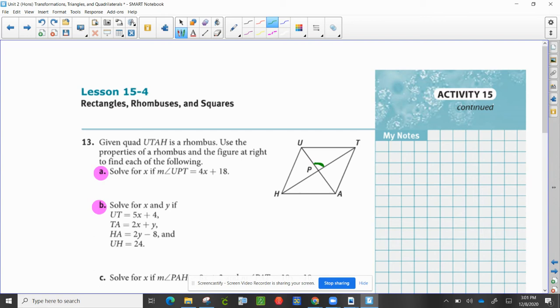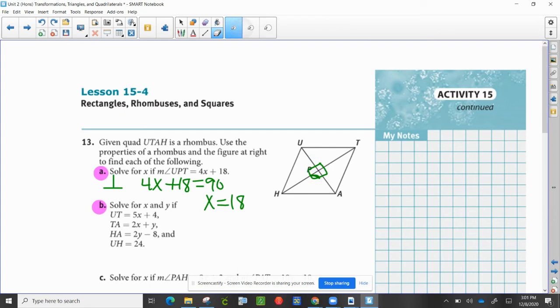Remember, our diagonals are perpendicular. So we're just going to set 4x plus 18 equal to 90 degrees, because all of these angles here need to be 90 degrees. So UPT is 90 degrees. So set that up and solve for x. We should get that x is 18.